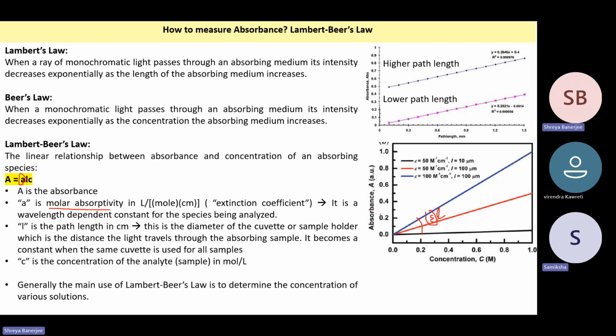Because we don't know this absorptivity also, then we can't calculate. Absolutely, it has to be done only by OD. Then we will plot the graph, and then we will calculate the absorptivity. From the slope, we will get absorptivity into length, and length we know, so we will be able to calculate the epsilon.